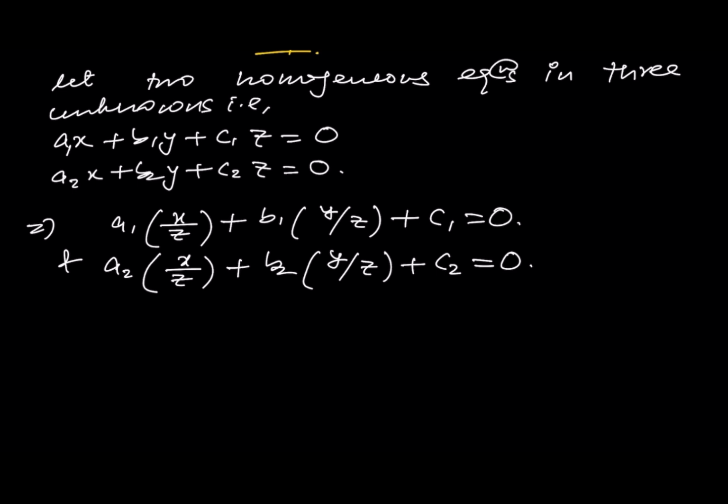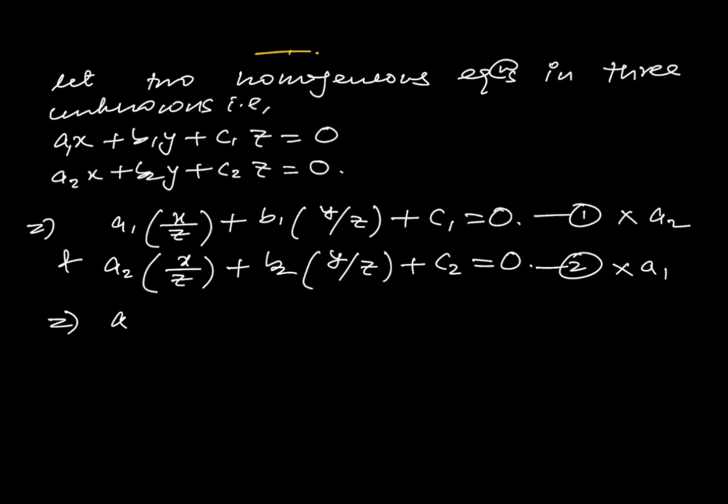Say one of the methods is elimination. So if I use that method, for that purpose I am multiplying equation 1 by a2 and equation 2 by a1, right? So now I am eliminating x/z from these two equations.